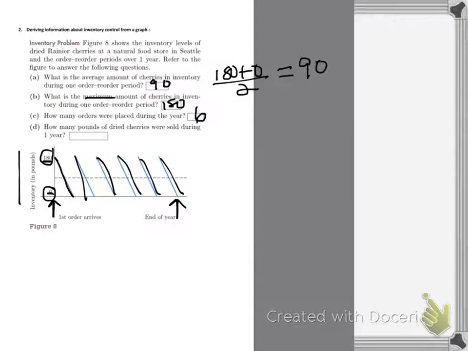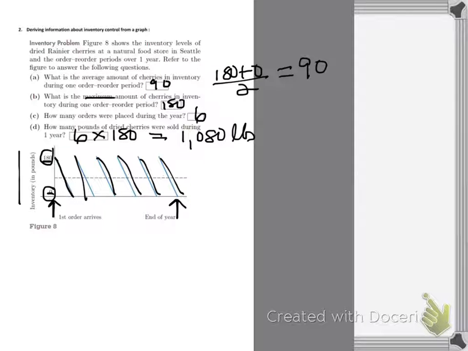How many pounds of dried cherries were sold during 1 year? Well, we ordered 6 times. Each time was 180 pounds, and everything sold out. So 6 times 180 gives me how much was ordered for the entire year and successfully sold. And that's going to be 1,080 pounds of cherries.